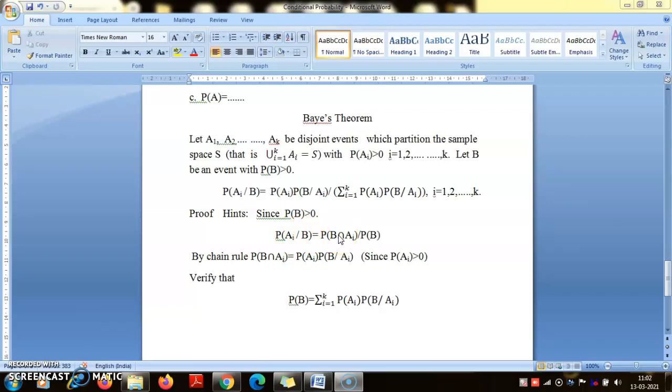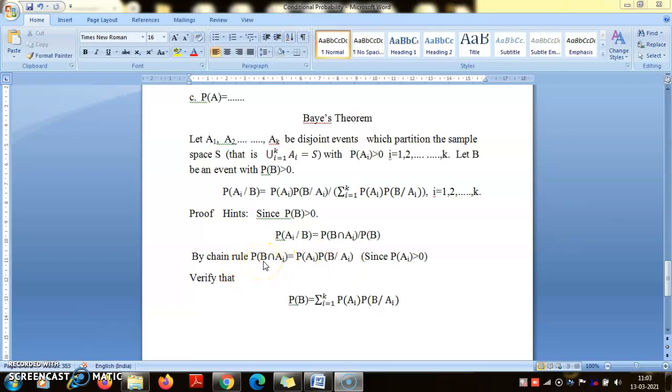In the numerator we have the probability of B intersection Ai, and in the denominator we have the probability of B. Since each Ai also has positive probability, the probability of the intersection can be written as the product of the unconditional probability of Ai and the conditional probability of B given Ai. So you could split the joint probability in either way.